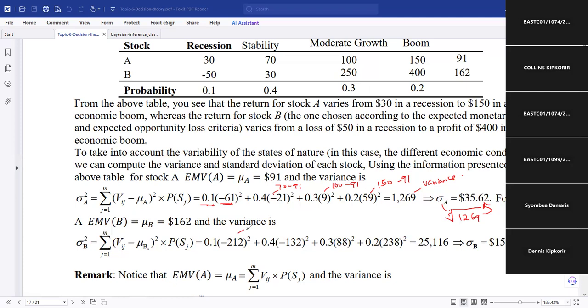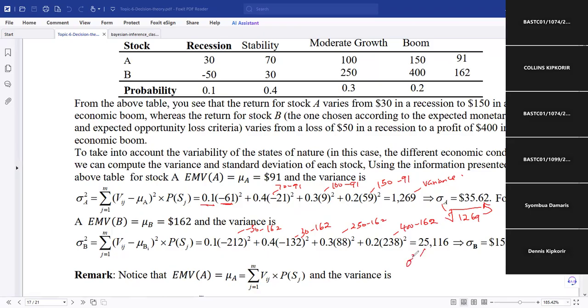This is the second one, 30 minus 162. This is the third one, 250 minus 162. And this is the fourth one, which is 400 minus 162. And all these values are squared and multiplied by the corresponding probabilities. We get this to be our variance.